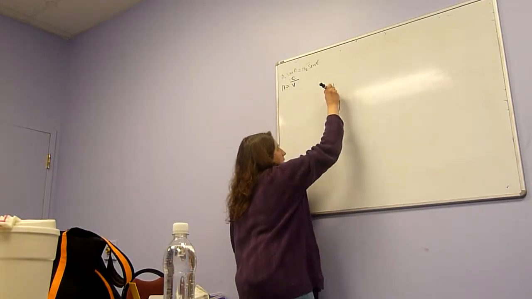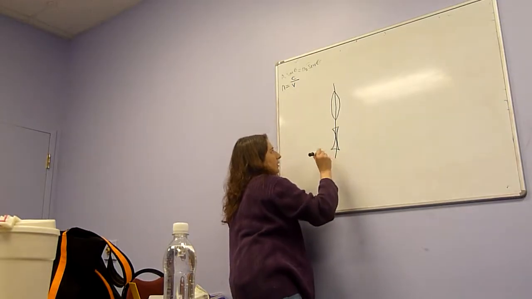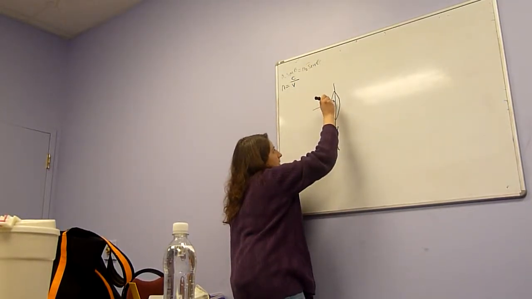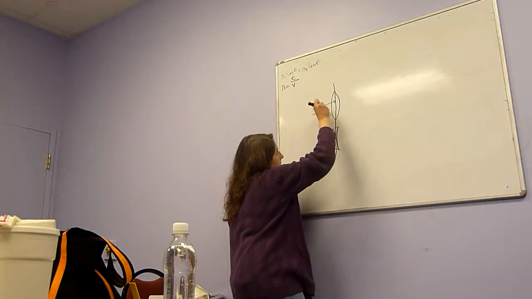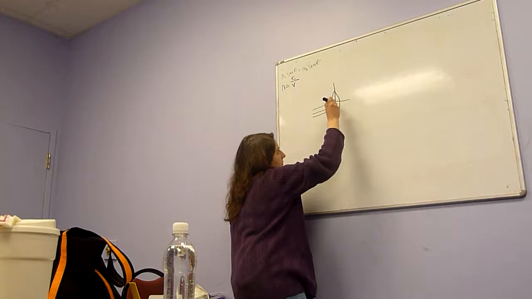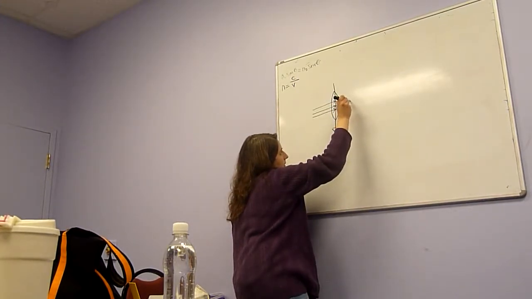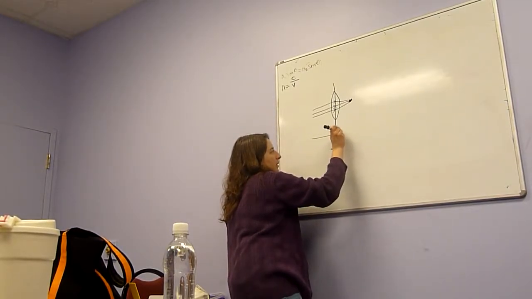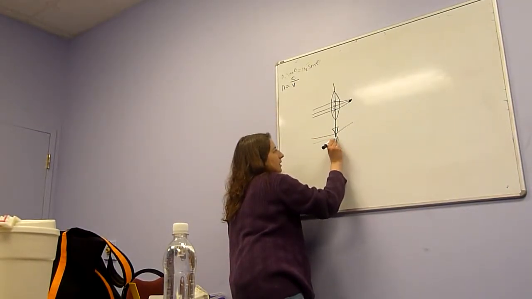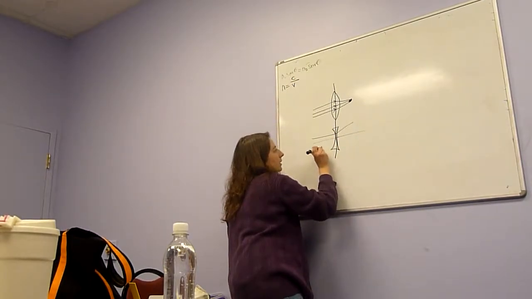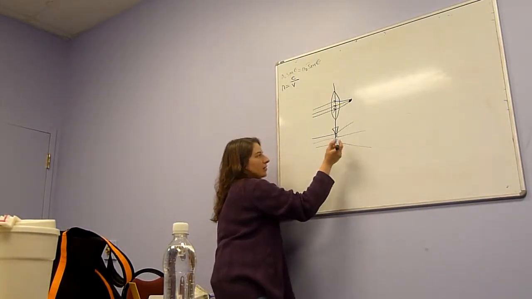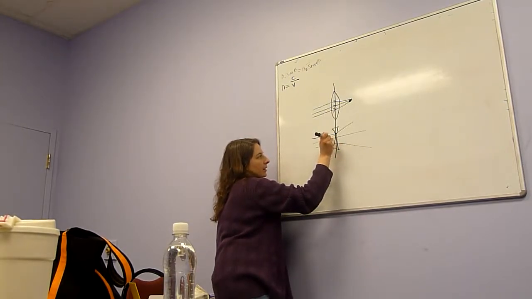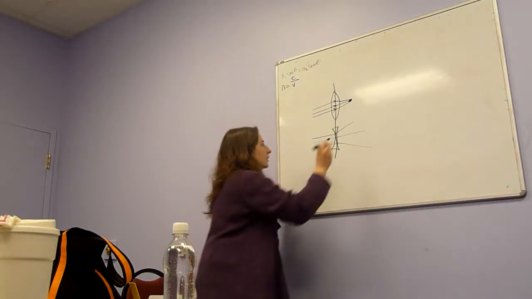When light passes through a converging lens, it converges to the focal point. When light passes through a diverging lens, it diverges straight out, and you could trace back to a focal point.